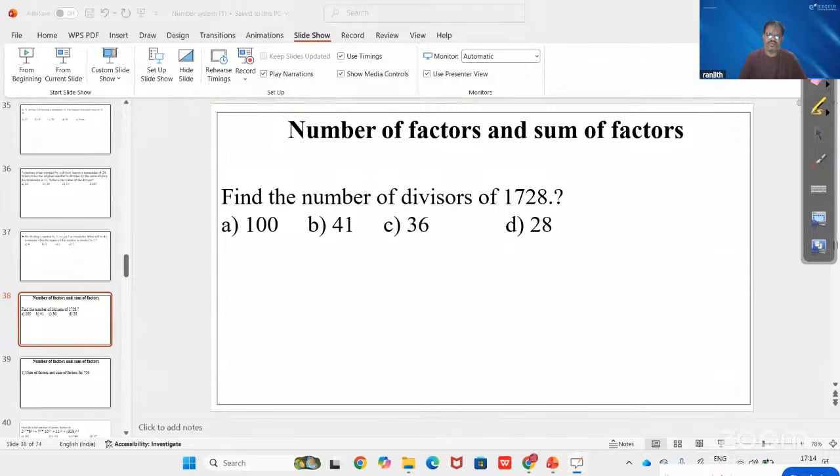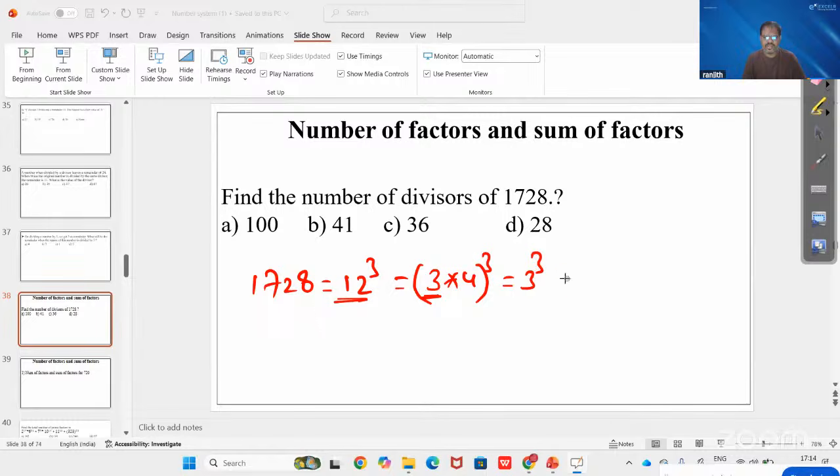Answer is 28. So 1728 can be written as 12 cube. 12 is not a prime number, so this can be written as 3 into 4 whole cube. 3 is already a prime number, so that will be 3 cube. 4 is not a prime number. 4 can be written as 2 square, whole cube.